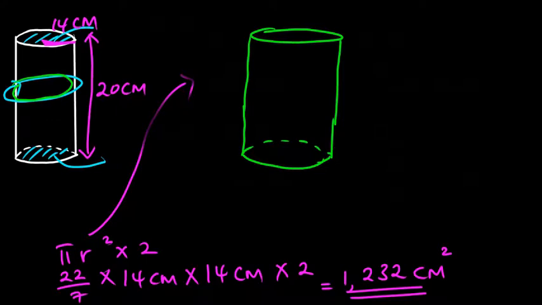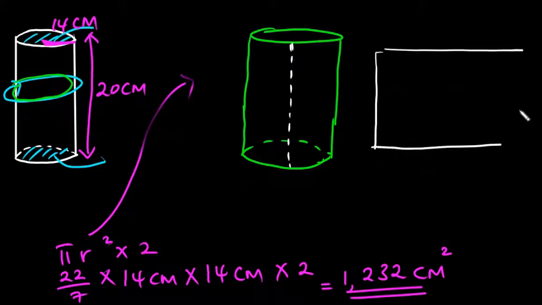Let's try to cut this part this way. Or if you have a piece of paper, you can first roll it into a curved surface, and then you can split it this way. Once you split it, you can stretch it out, and it's going to be something rectangular this way.